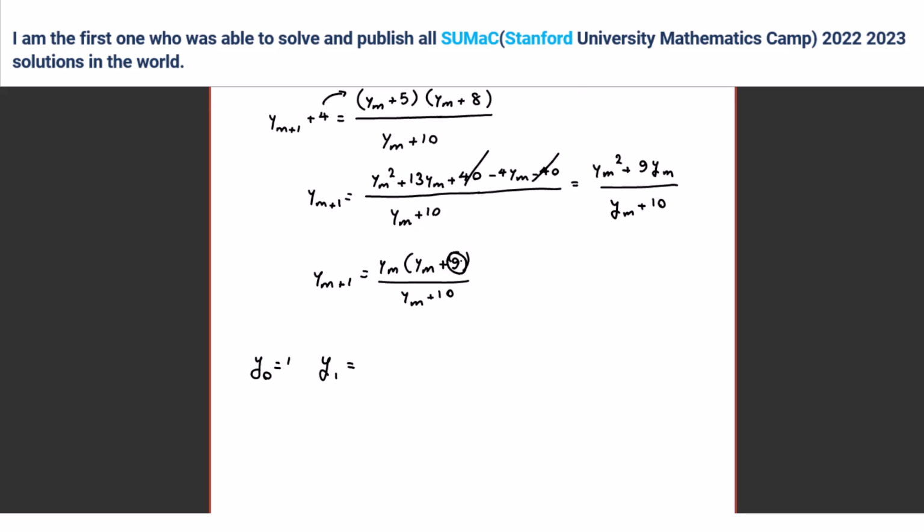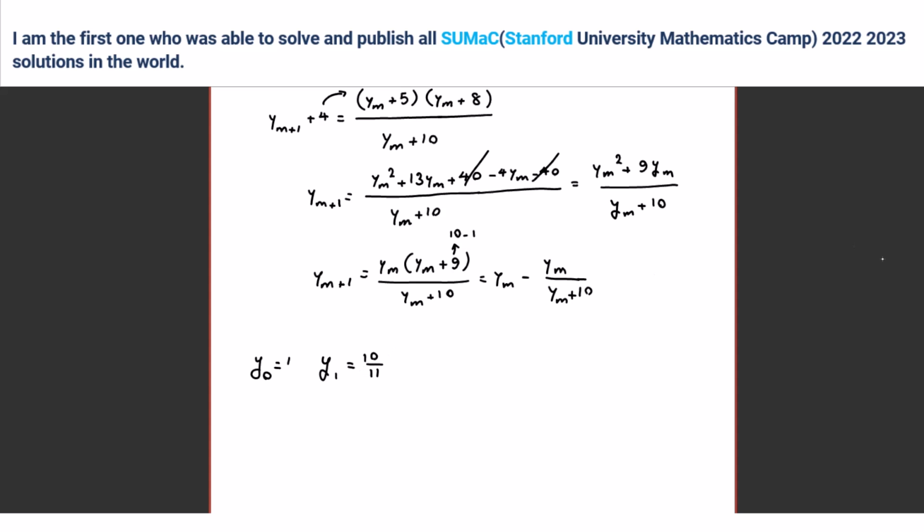Here, if instead of 9 it was 10, it would be so much better, right? Yeah. So you agree that instead of 9 you can write 10 minus 1, then it would be y_m times (y_m plus 10 minus 1) over (y_m plus 10), so y_m minus y_m over y_m plus 10. So y_1, as you said, is 1 times 10 over 11, which is 10 over 11, right?